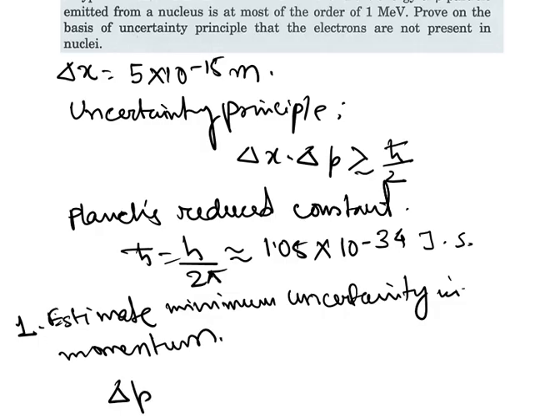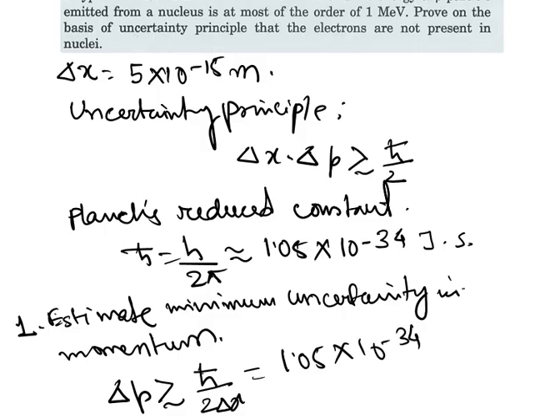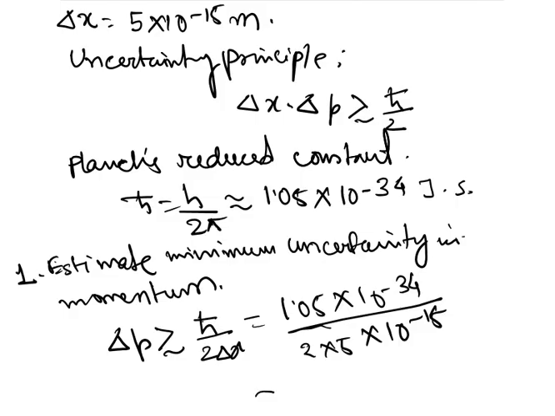We can write del P is greater than h by 2 del x, or 1.05 × 10^-34 by 2 × 5 × 10^-15, or we can write 1.05 × 10^-20 kg m per second, right?